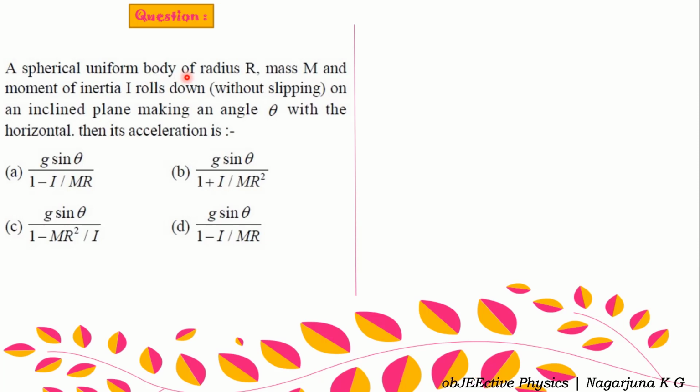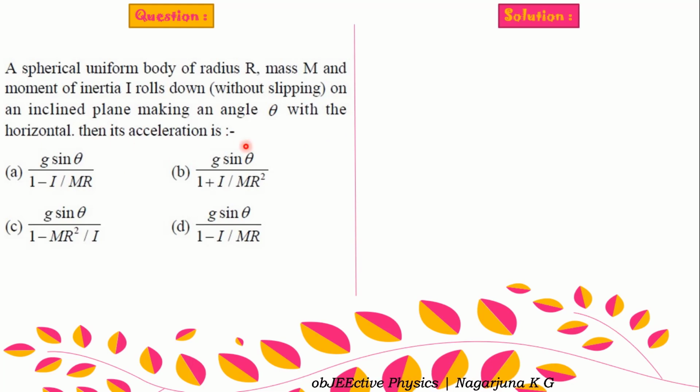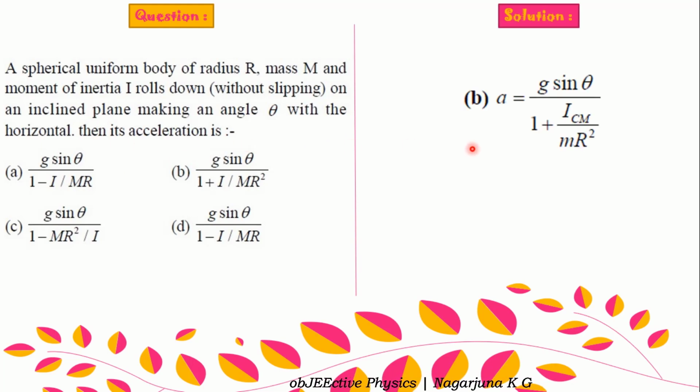A spherical uniform body of radius R, mass M, and moment of inertia I rolls down without slipping on an inclined plane making an angle theta with the horizontal, then its acceleration is? We know the general formula a = g sin θ divided by (1 + K²/R²). By substituting the K²/R² value, we get the denominator 1 + I_CM/MR². Therefore, option B is the right option.